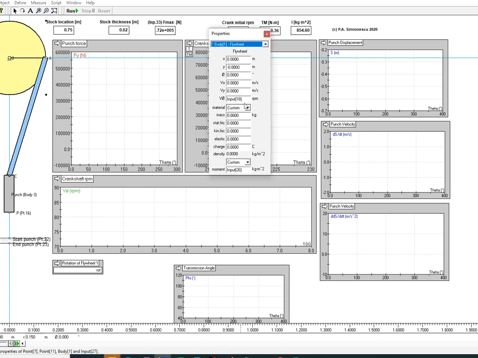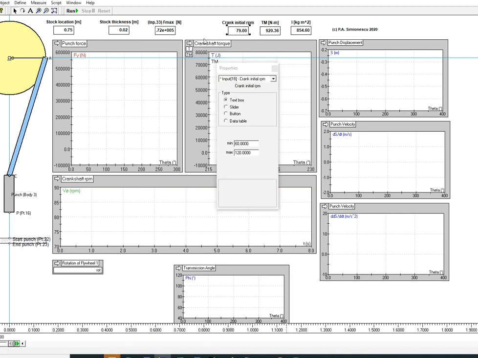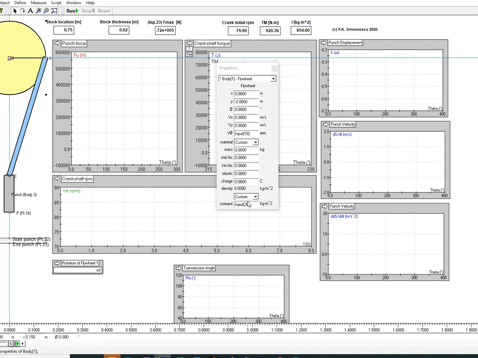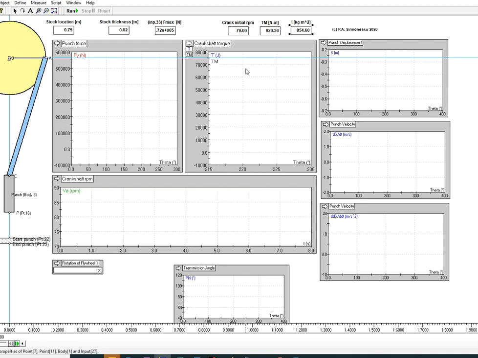If I click on it, it says initial velocity input 18. That's crank initial RPM 18, and then also moment of inertia input 26. So this text box is input 26. In addition, I have the mean torque read from a text box.